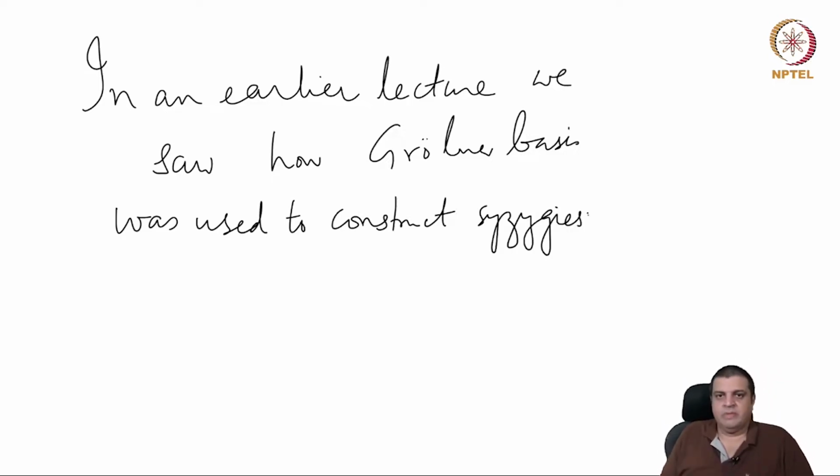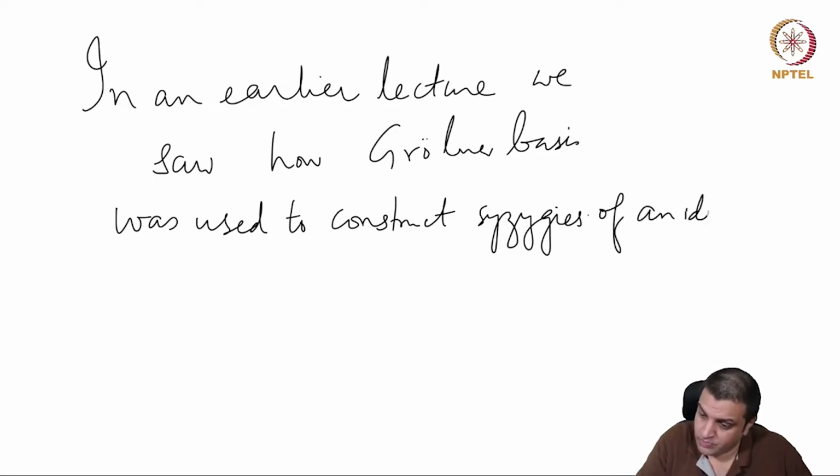The same thing can be carried over, and so far we only looked at computing Gröbner basis for ideals, but it can actually be generalized to not all modules, but submodules of free modules.